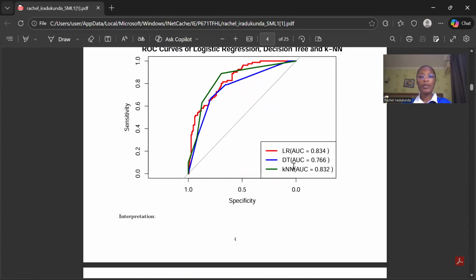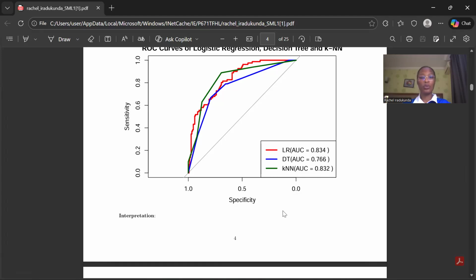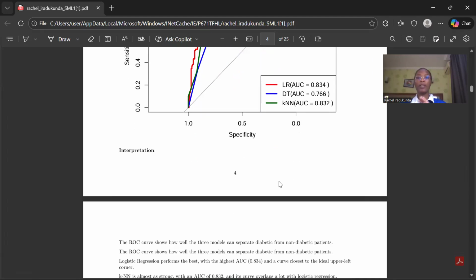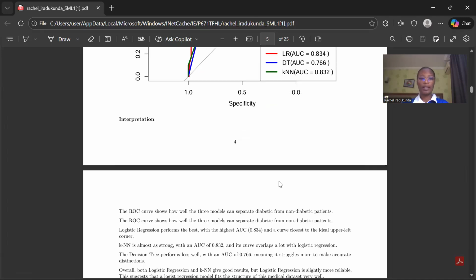We use AUC to choose which is the best model, as I said above. Among those three methods, logistic regression is the best one, which has the highest AUC. We know that if the model has the highest AUC, the method we used will be the best. Even if this one has high AUC, it is very low compared to logistic regression. That's how you conclude logistic regression is better for this data set.